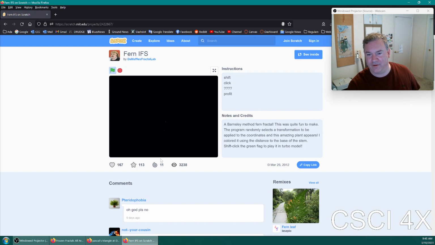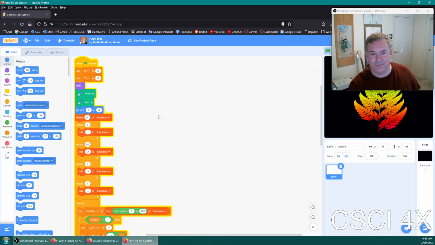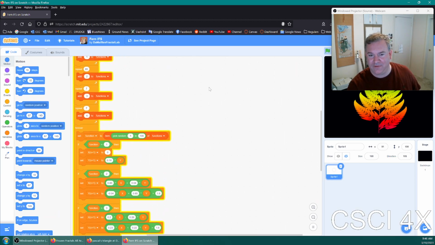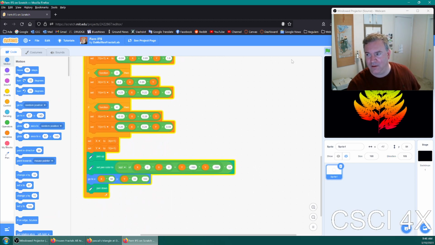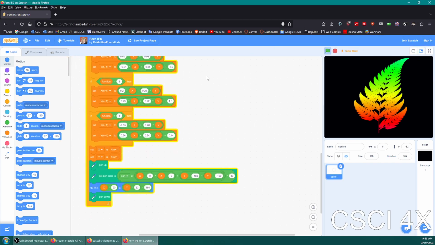For example, here is a thing that will draw a fern. Kind of cool looking. Click on the See Inside button, and you can see that these fractals are usually not that complicated. This is probably less code than your story, about a page or two of text.